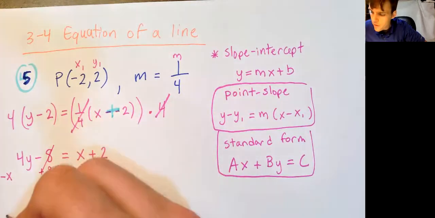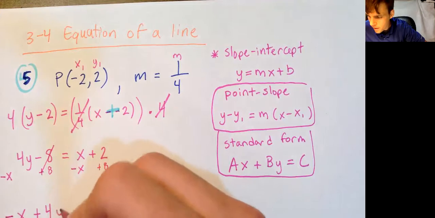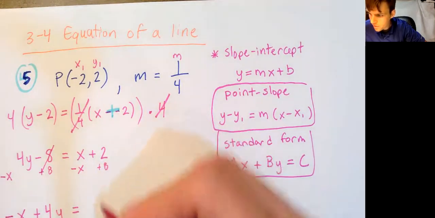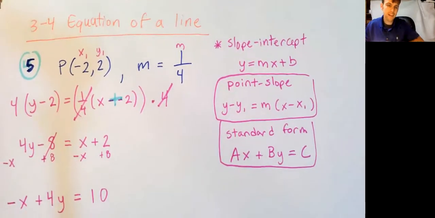So I'll end up with negative x plus 4y equals 2 plus 8 is 10. So negative x plus 4y equals 10, and that's our answer. That's standard form. All right.